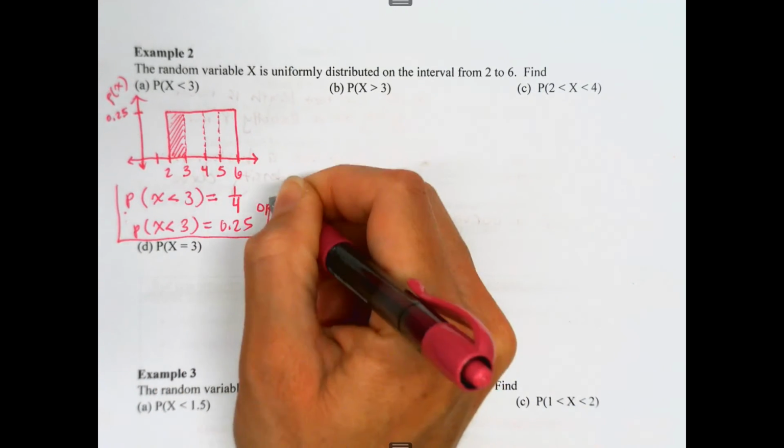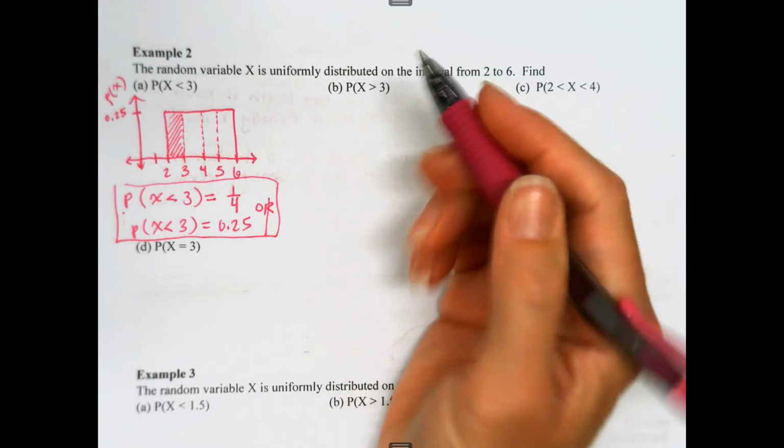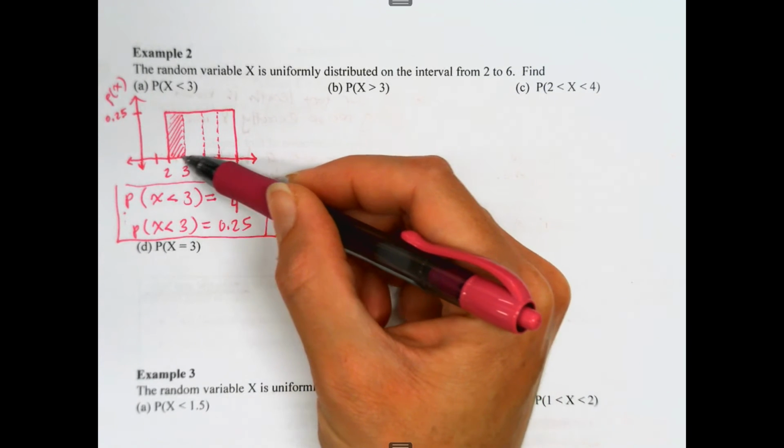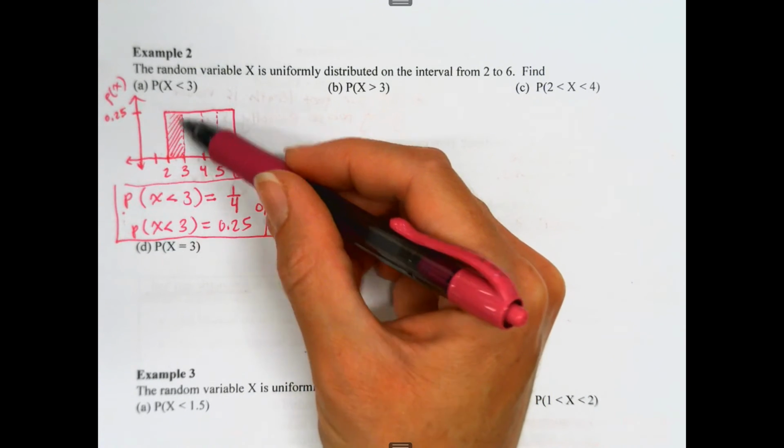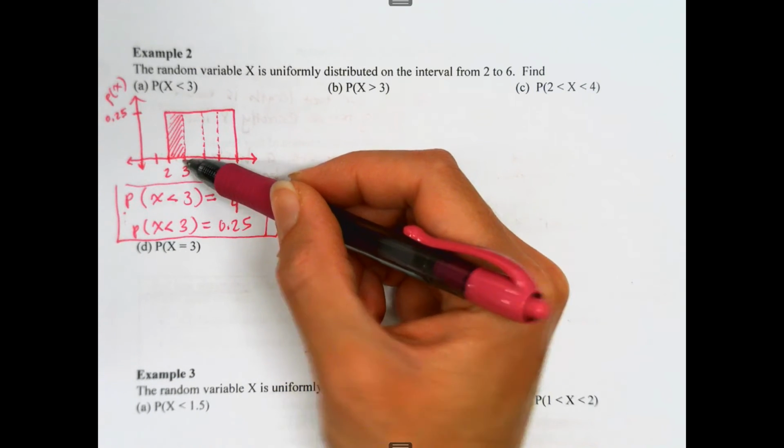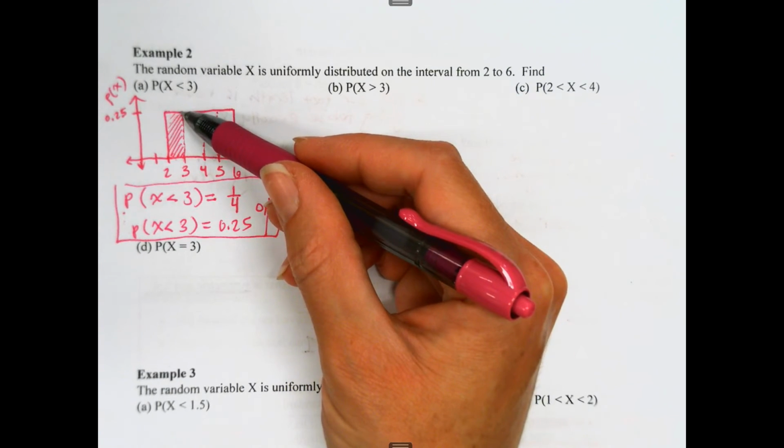We could also look at it from the graph. Here we have a width of 1 and a height of 0.25. 1 times 0.25 gives us area.